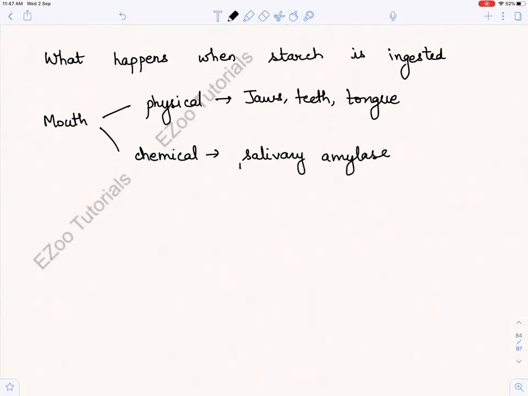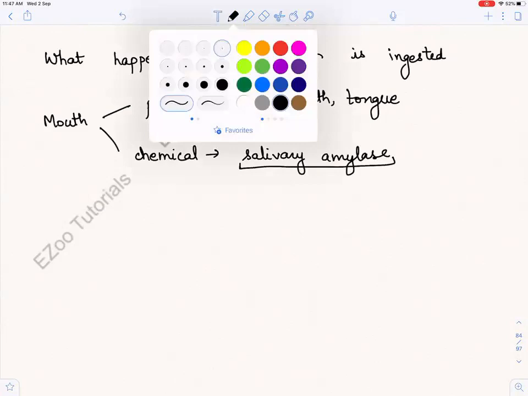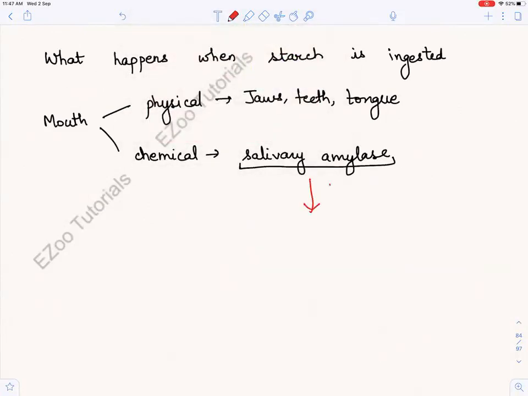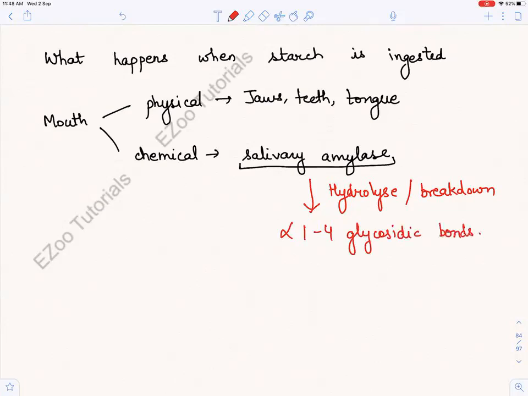And what will this salivary amylase do basically? This salivary amylase will hydrolyze or simply break down alpha 1,4 glycosidic bonds. Right, that's why I had told you that.